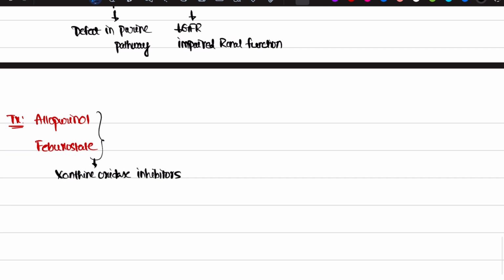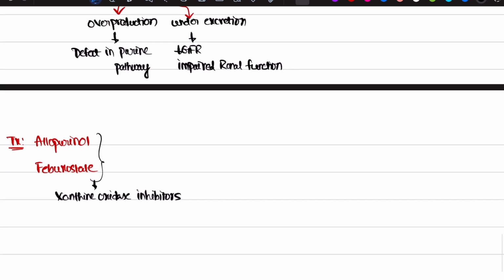And the other class of drugs are probenecid and next one is sulfinpyrazone. These are diuretics and probenecid. We call these drugs uricosuric drugs.